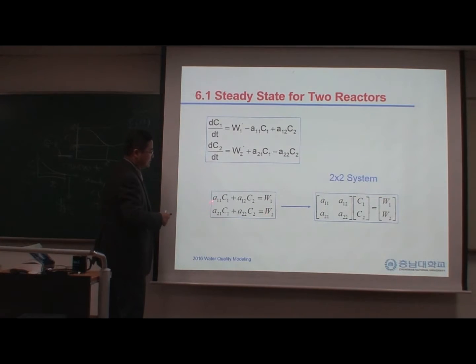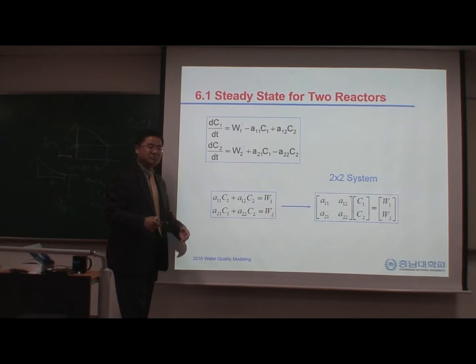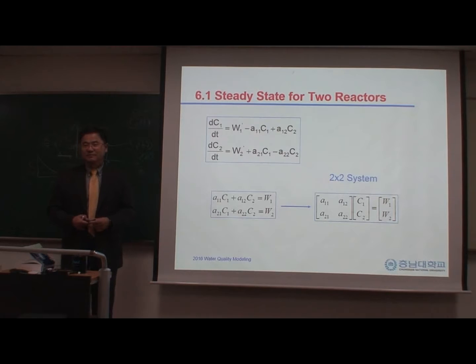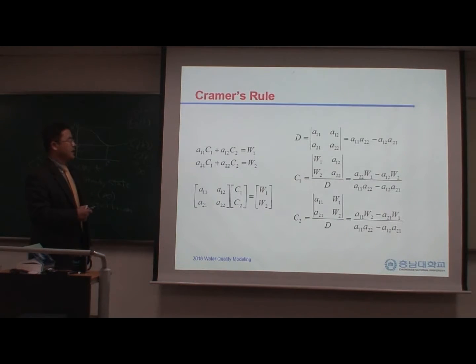And in here, if you want to calculate C1 and C2, it is a matter of solving a system. But in this 2x2 case, it's just 3 equations. It's middle school mathematics, right?